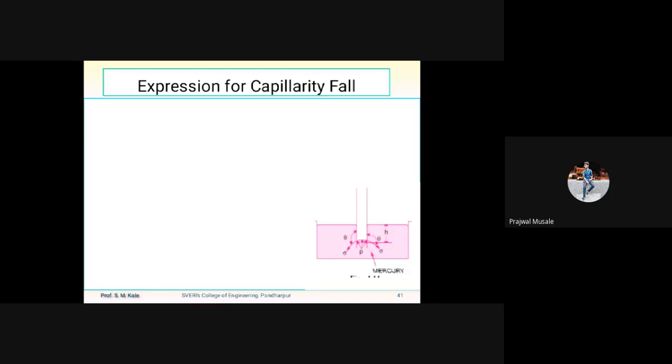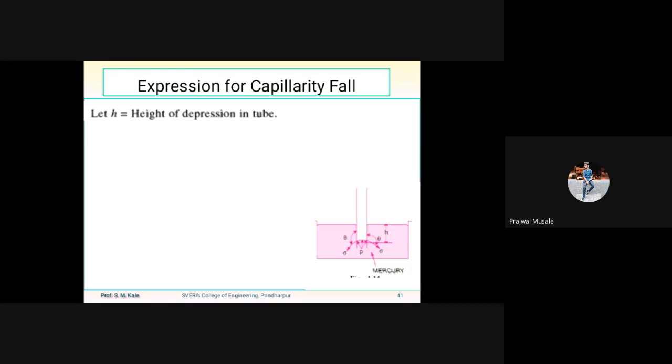So if the cohesive force of attraction between the fluid molecules has a higher value as compared to the adhesive force of attraction between the fluid molecules and glass molecules, then and only then there will be the fall of mercury level. Are you getting? So here also we have to find out the expression for capillary fall.